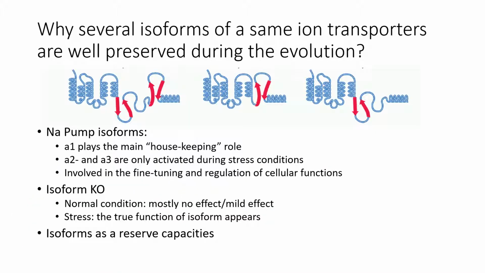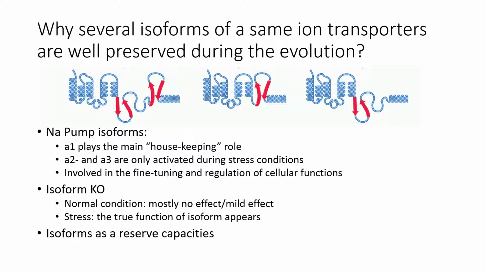So most of the data I presented today suggests different roles of the alpha 1 and alpha 2 isoforms of sodium pump. But the central question is why we might need different isoforms, or why several isoforms of the same ion transporters are well preserved during evolution.